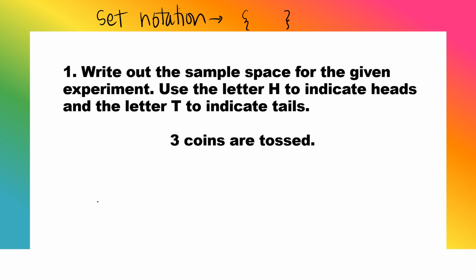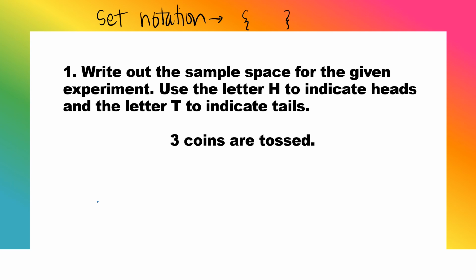In this particular experiment, we are tossing 3 coins. We're supposed to use the capital letter H to indicate heads and the capital letter T to indicate tails, and we're going to be super careful about using capital H's and capital T's, since that's how we were asked to write those.